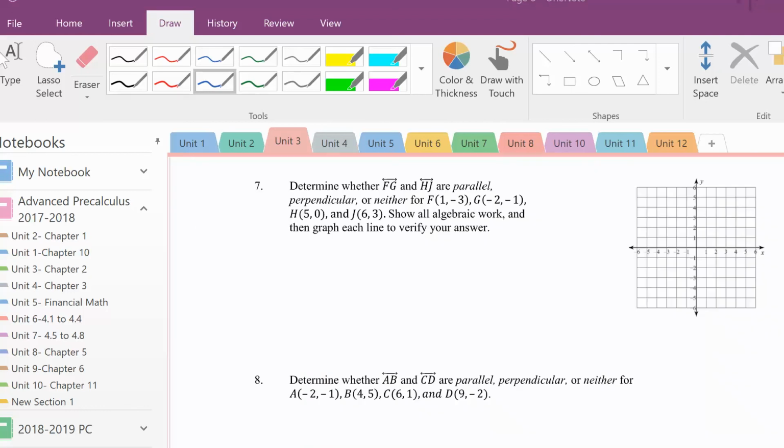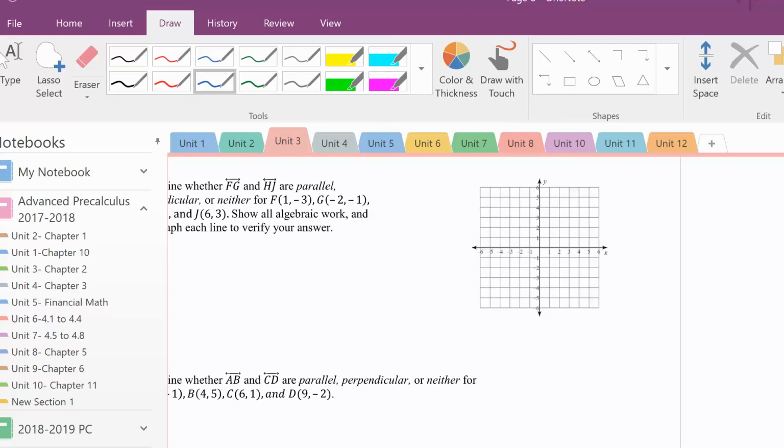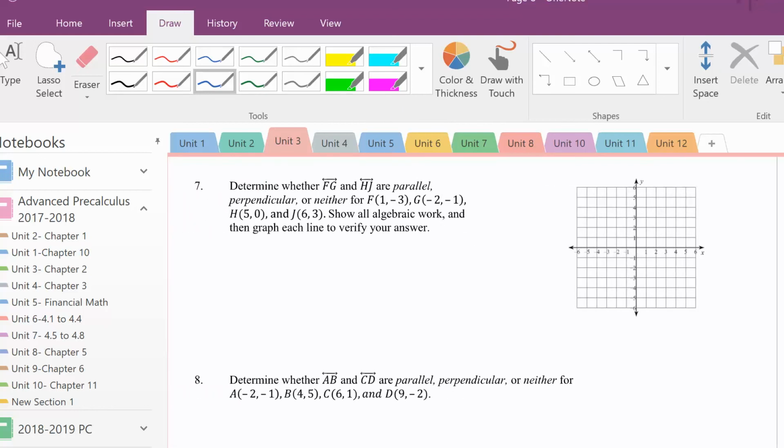So number 7 says to determine whether FG and HJ are parallel, perpendicular, or neither for the following points. So first you need to find the slope of FG. So you go y2 minus y1 over x2 minus x1. So it's 2 over -3.